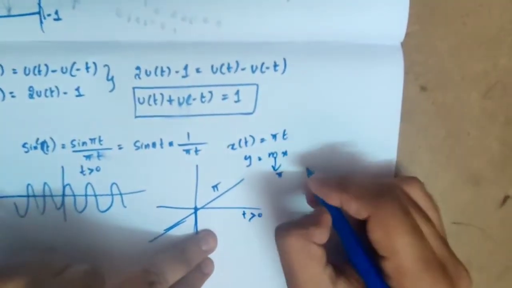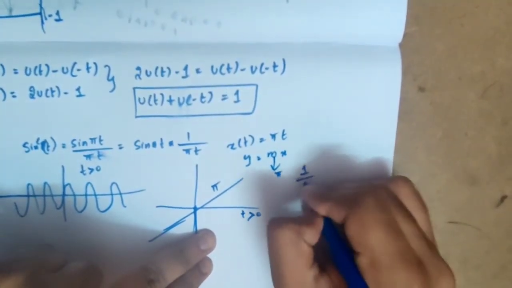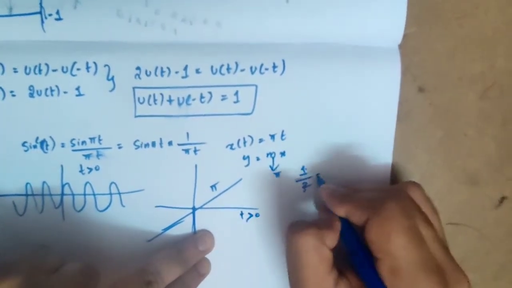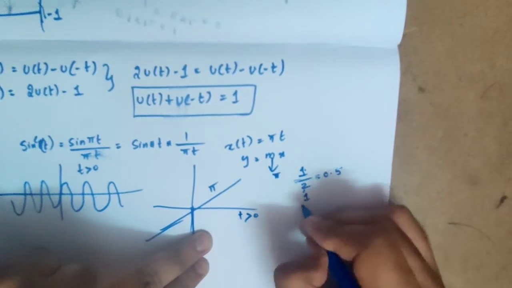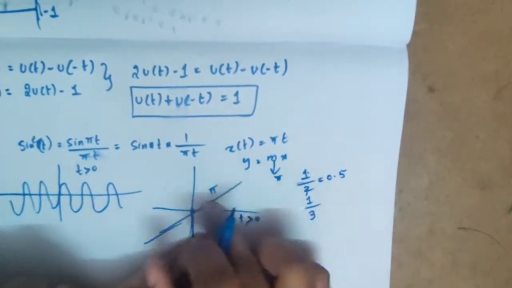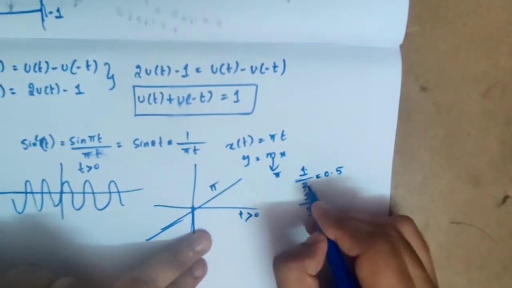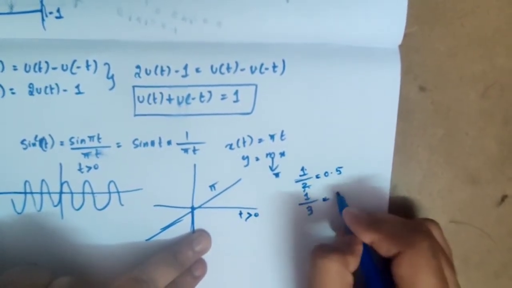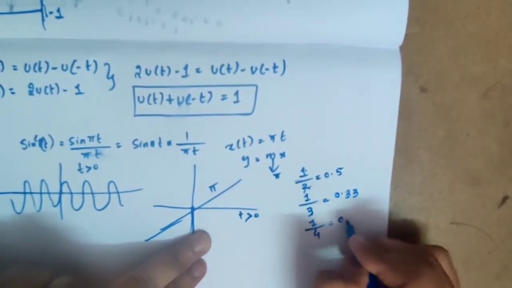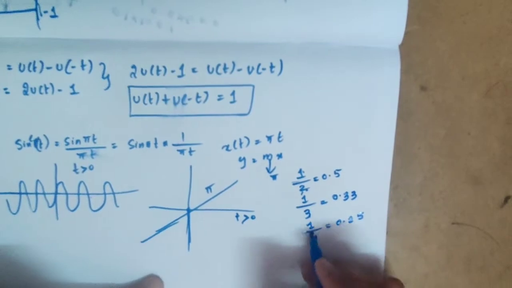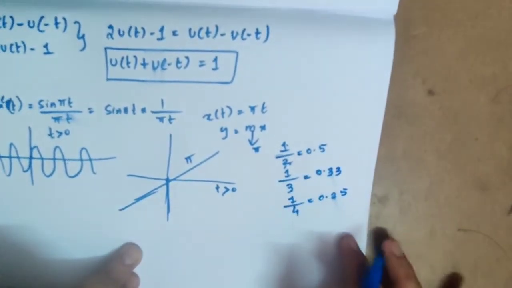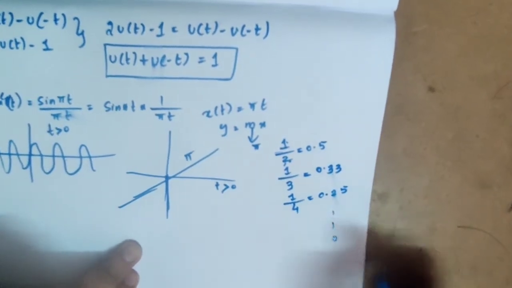Like what I am trying to say is, if you take 1 divided by 2, the denominator is more than 1, then the overall value will become 0.5. Similarly 1 divided by 3, since 3 is greater than 2, the magnitude gets decreased again, it becomes 0.33. Similarly 1 divided by 4, 0.25. Like that, if you keep on increasing this value, ultimately the overall magnitude will decrease and it will become 0 at some instant of time.